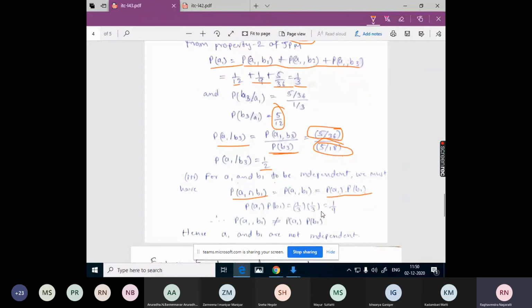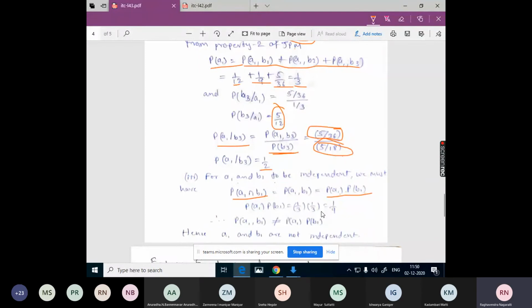So if any two events are independent, then the probability of the intersection of those two events is equal to the product of the probabilities of the individual events. This is what we have seen in the introduction class. I will repeat that once again, so listen to this carefully.